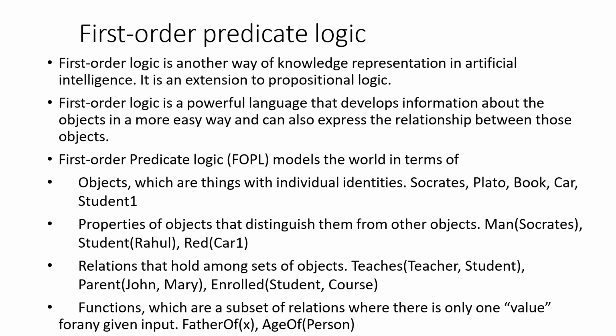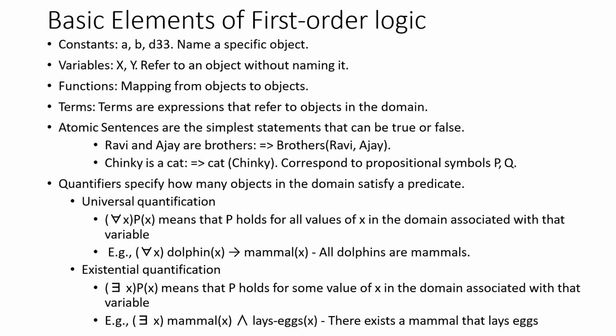One more point, first order predicate logic is another method of knowledge representation used in AI, but it is an extension of propositional logic. We have already seen that propositional logic considers only the facts, but here we will consider objects, properties, relations, and also the functions.